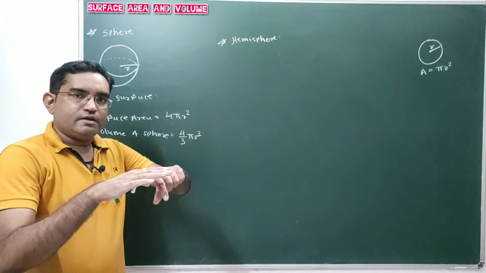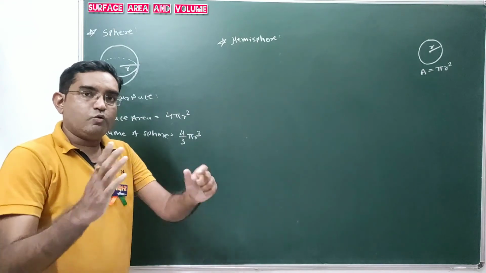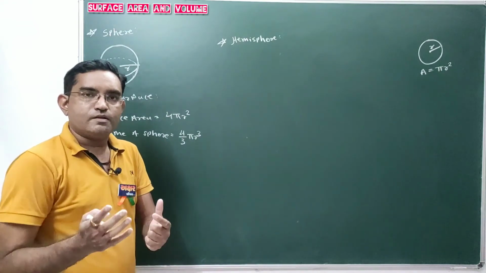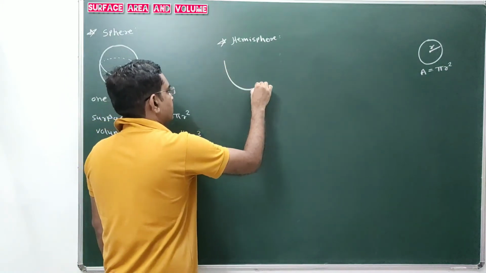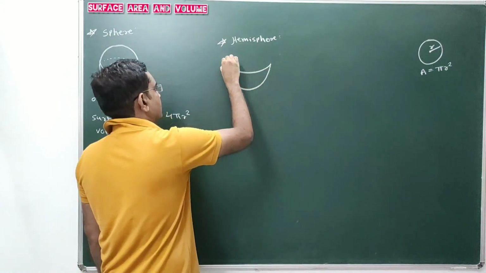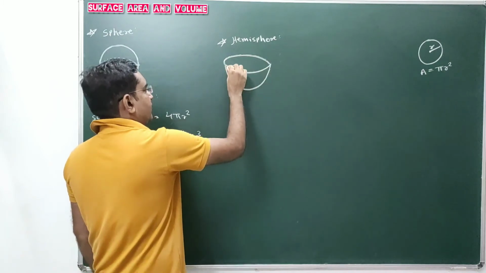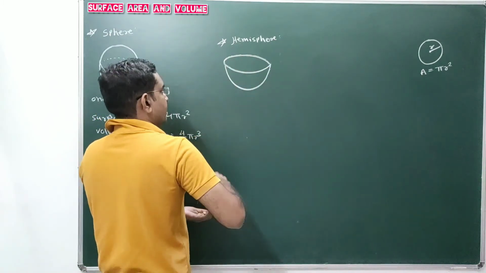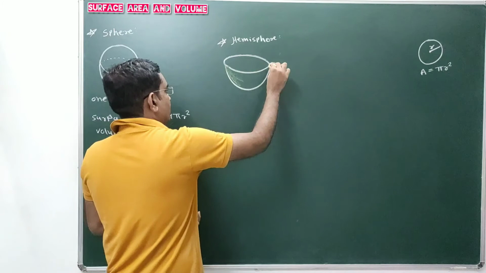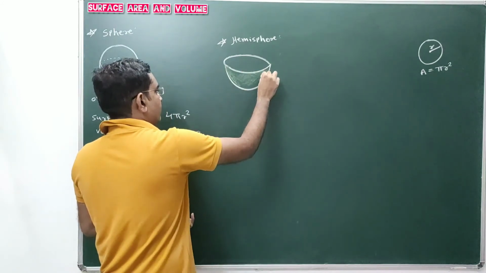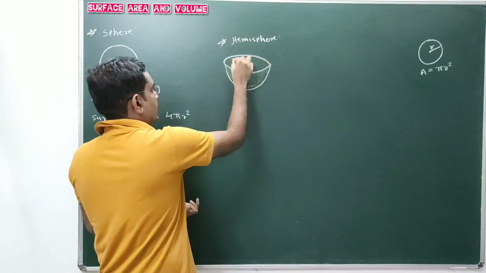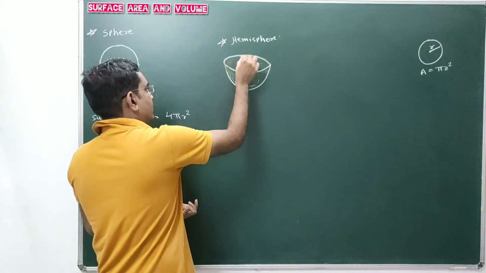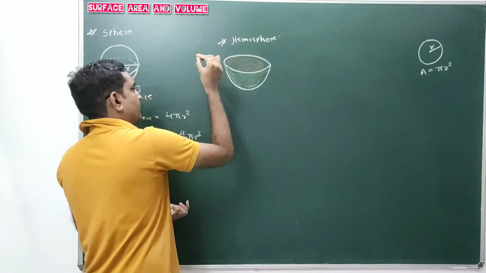So it will divide the watermelon into two pieces, and one piece is in the shape of hemisphere. This part will be green in color, and the top part, which we have to eat, is in the color of red. So our watermelon is in the shape of hemisphere.